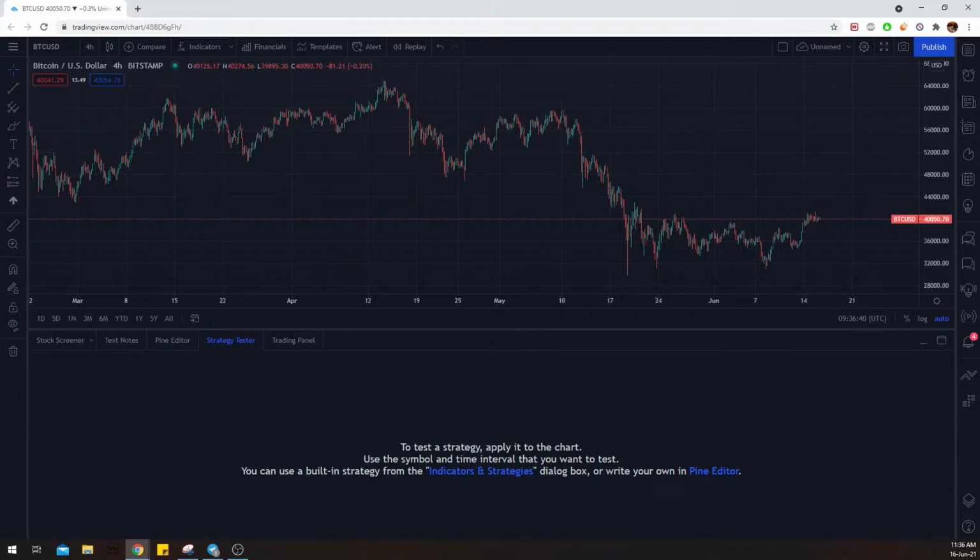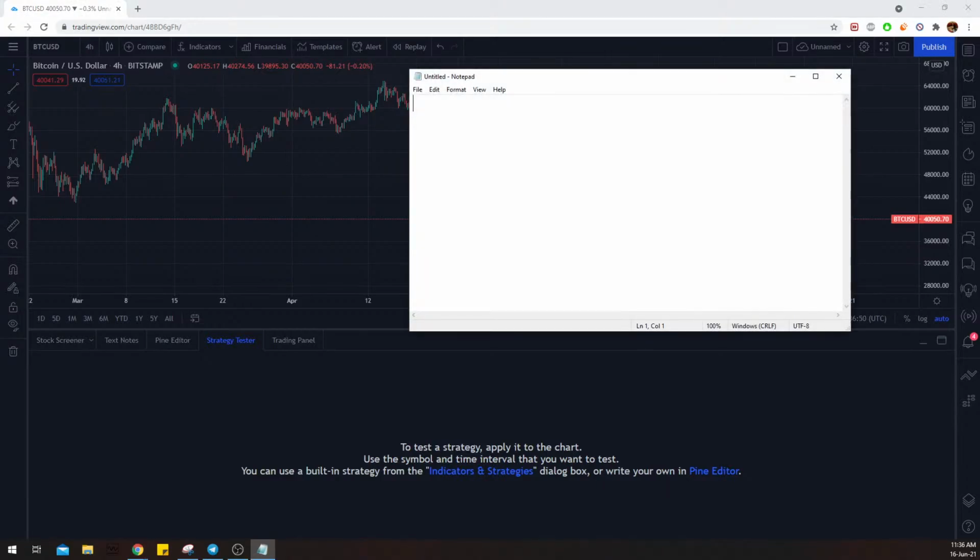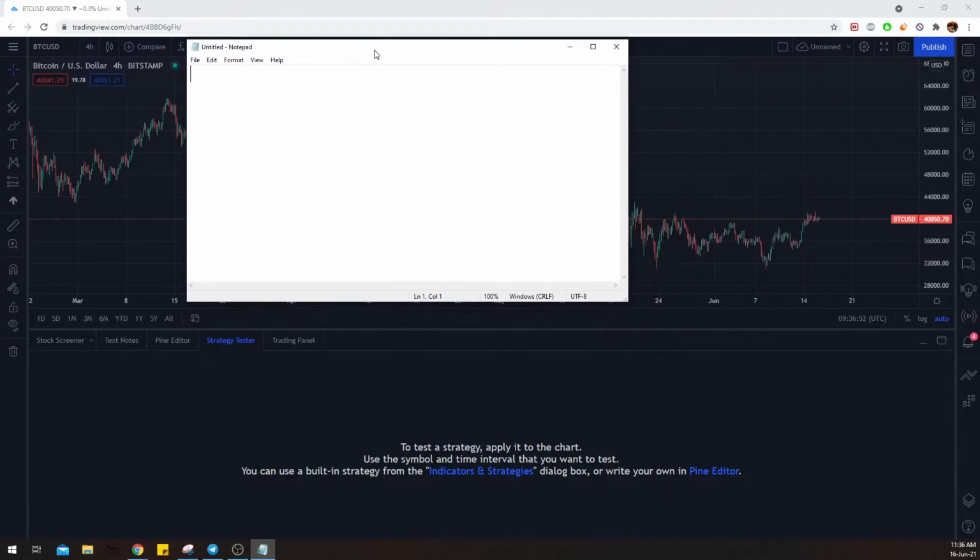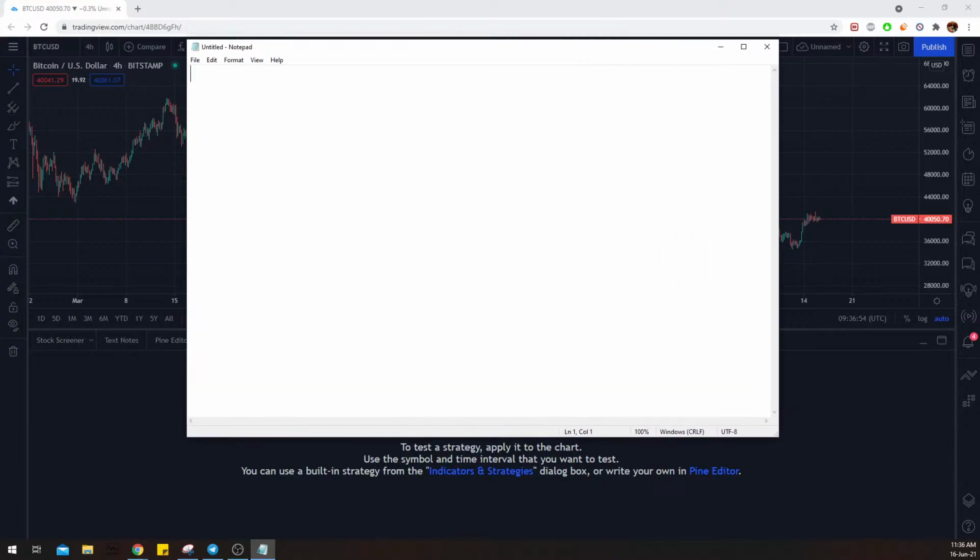So like I said, I'm going to open a notepad here as well, so we can have the notes like always. And the things that we are going to see are the next ones. First of all, of course, what is a candlestick pattern?